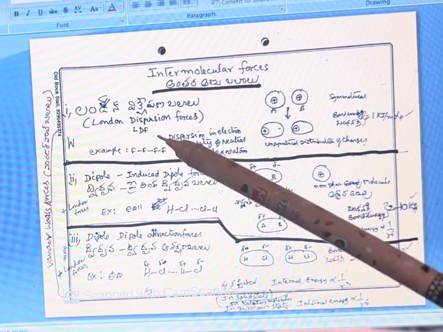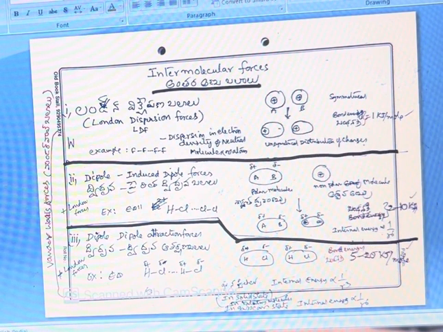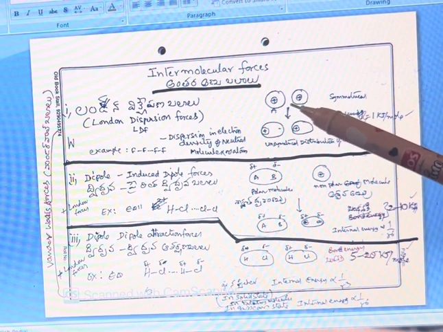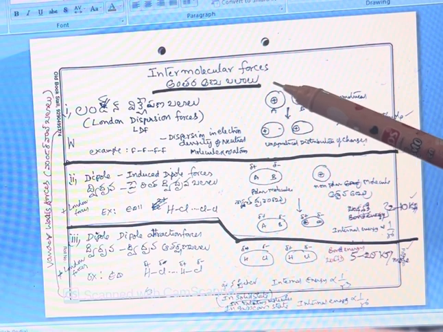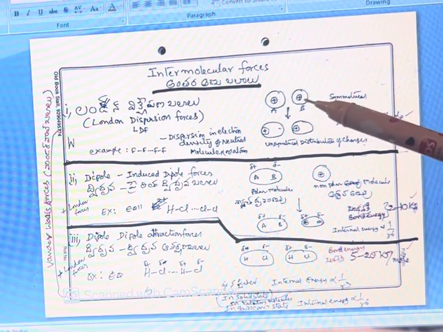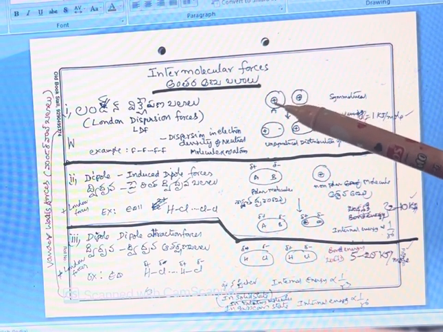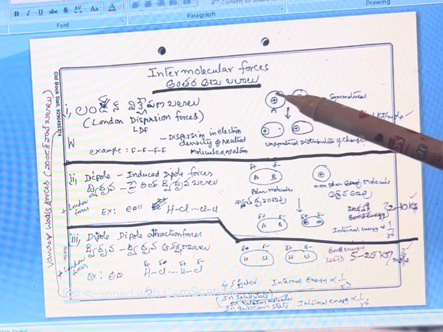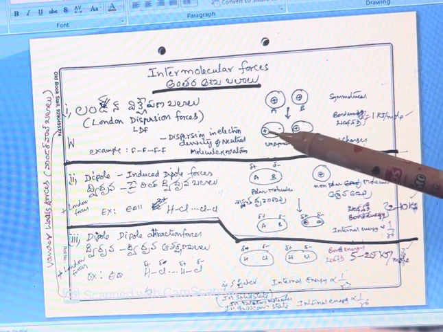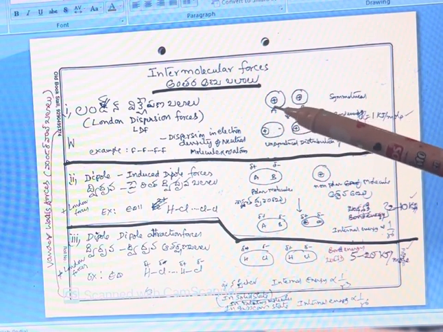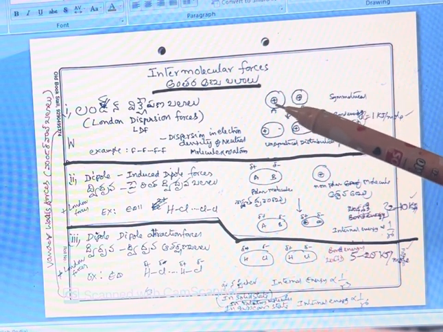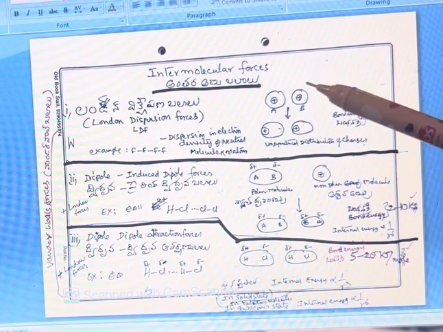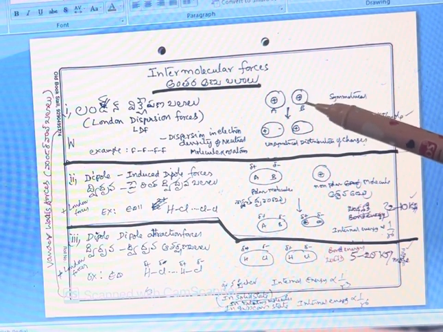London dispersion forces happen in symmetrical molecules. In symmetrical molecules, the atoms or molecules are mostly spherical, and the electron cloud is symmetrically spherical. When they come closer, at a particular stage, for a very short while, the positively charged nucleus of one attracts the electron cloud of the other molecule.